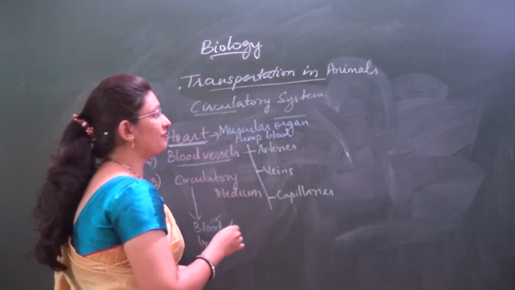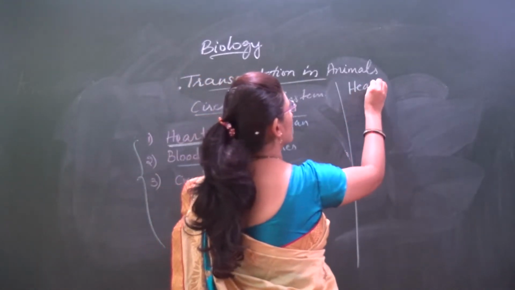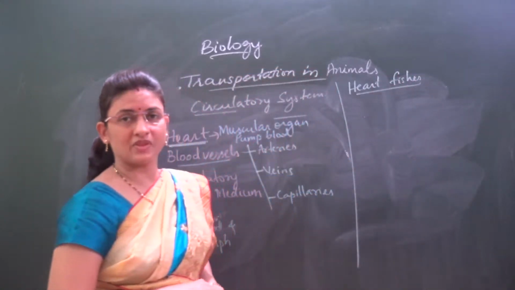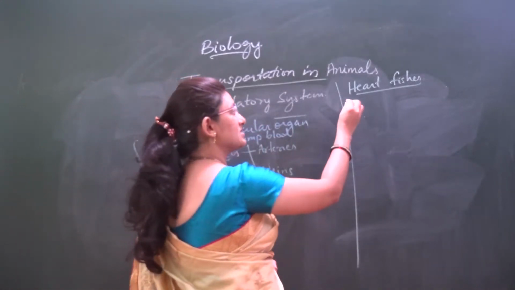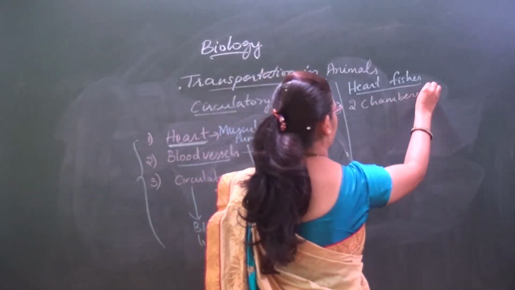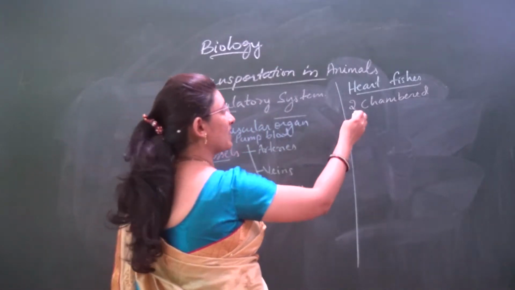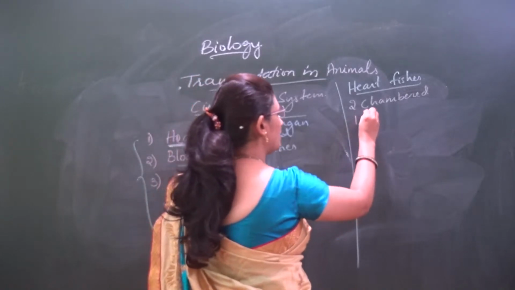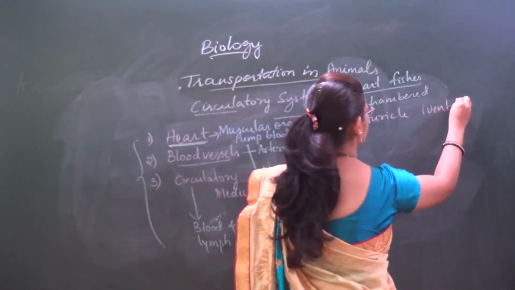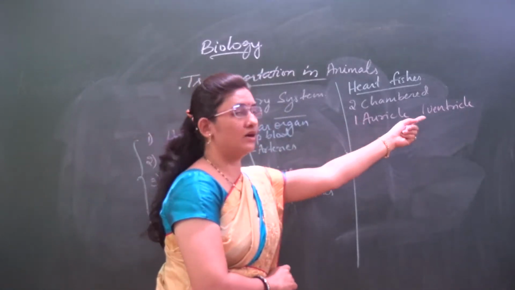If we see the heart in case of fishes, the unique characteristic feature is that it is a two-chambered heart, consisting of one auricle and one ventricle.